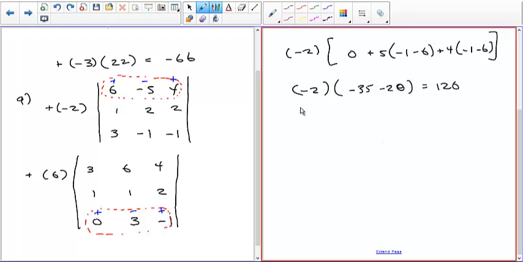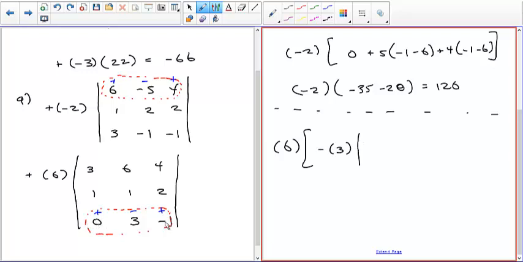Okay, the next one's going to be easier, because we can pick this row. We have one less calculation to do, so we're going to have 6, this 6, times 0, so the first one's 0. Then you're going to have this one, where we get a negative sign from this alternating thing, times 3.